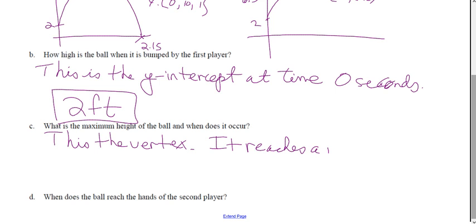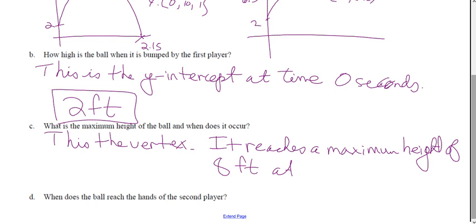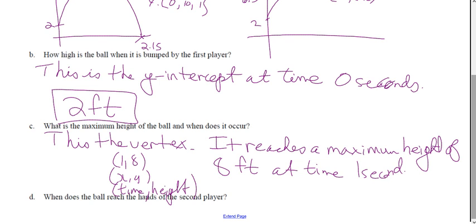So it's 1, 8, it's x, y, and it's time, comma, height. Right? So the x is time, and the y is height. So the vertex is at 1, 8. That's an x, y. X is 1, y is 8. But x is time, and y is height.